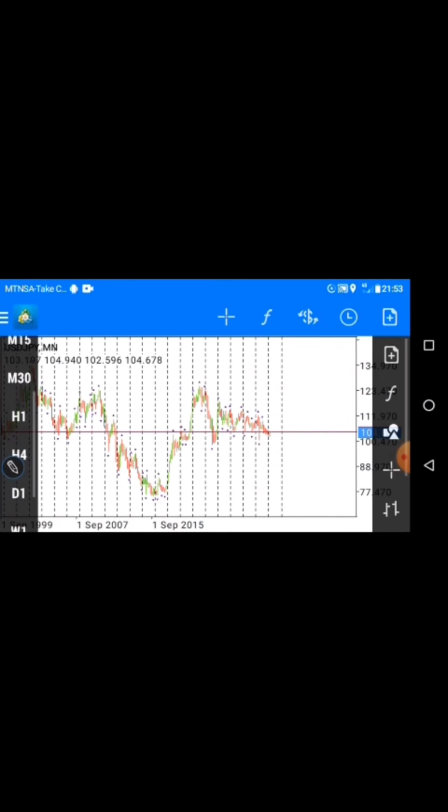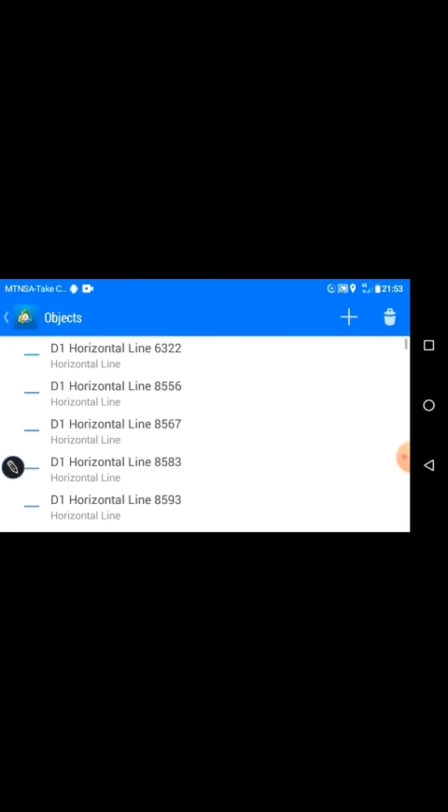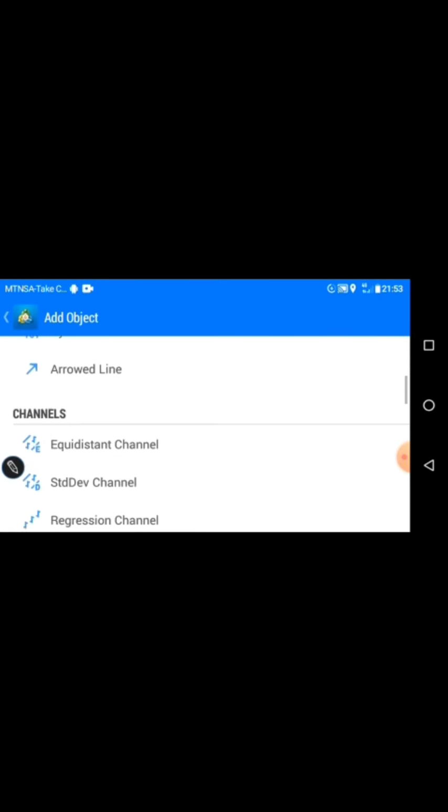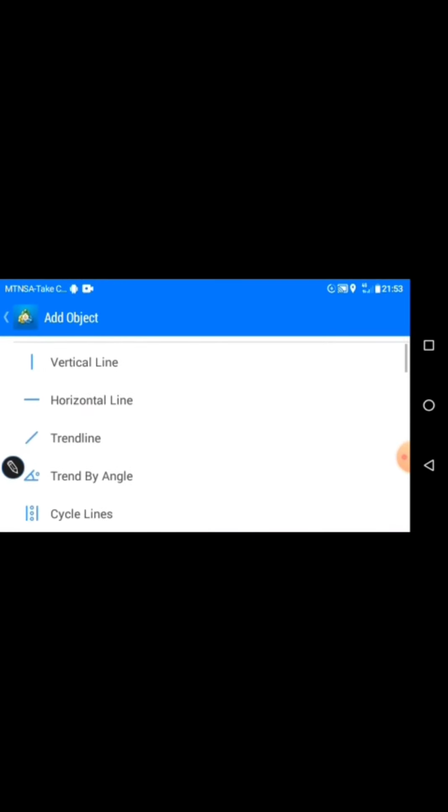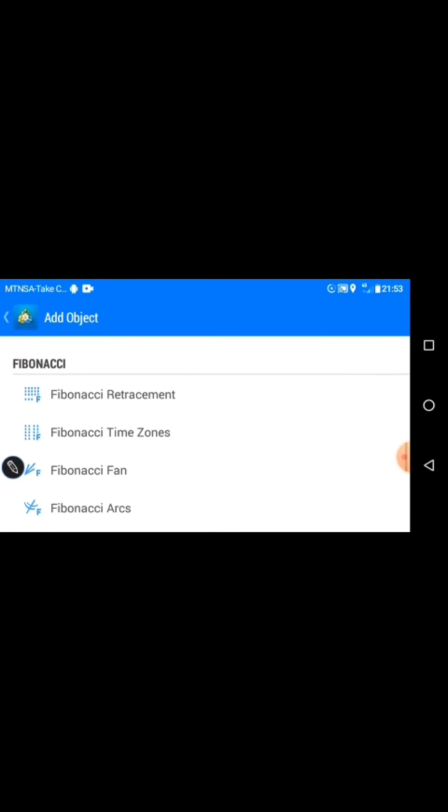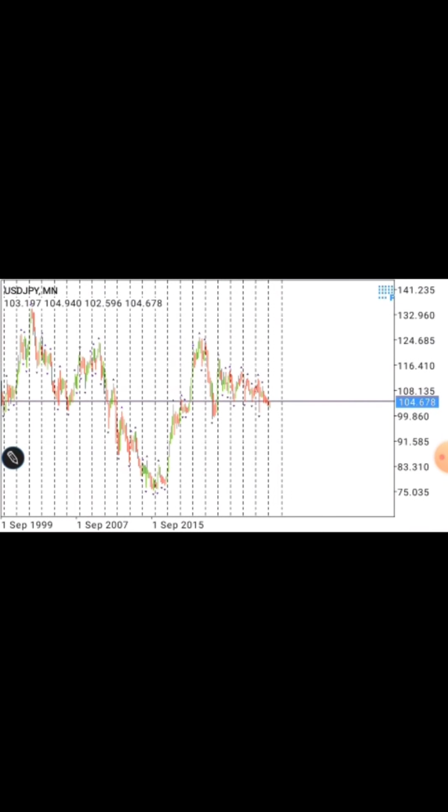Okay, so let me just clear everything and go back to tools and scroll down. This is our Fibonacci retracement. Since we anticipate that it's on an uptrend, let's start from the top and see.